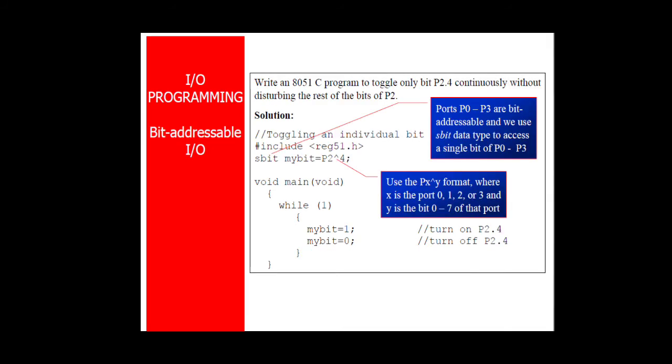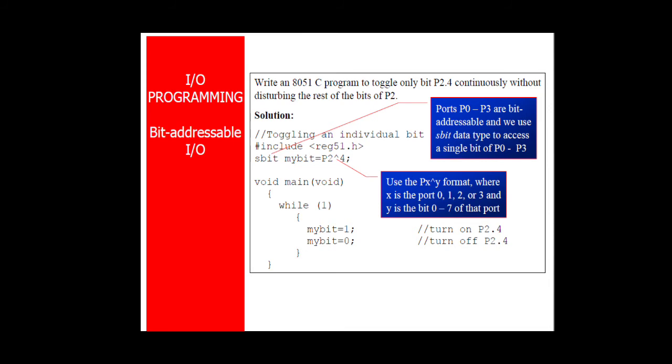Next, write an 8051 C program to toggle only bit P2.4 continuously without disturbing the rest of the bits of P2. Here we require only a particular bit of some port, that is P2. We are going to use the sbit data type.